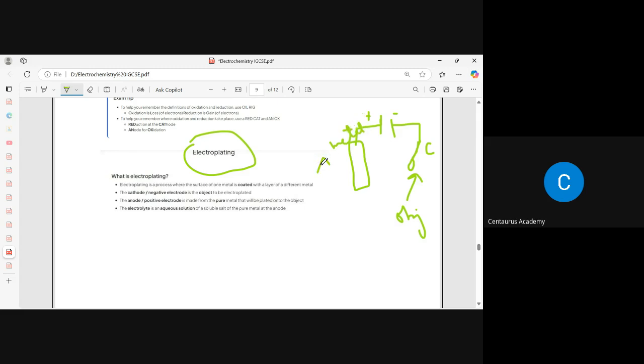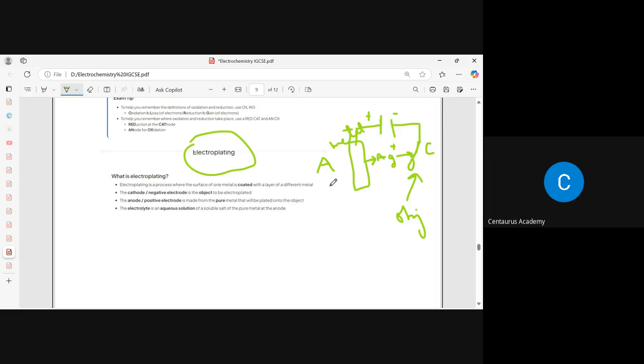Why? Because at this anode, the silver will first lose its electrons to produce silver ions, and then these silver ions will be deposited onto the cathode. Is this clear so far? So the cathode is always the object which is to be electroplated, and the anode is made from that pure metal which will be plated onto the object.